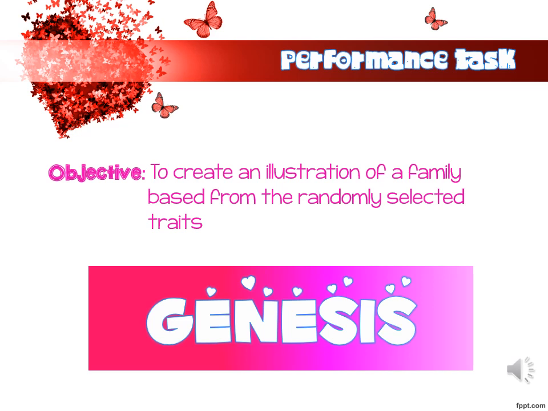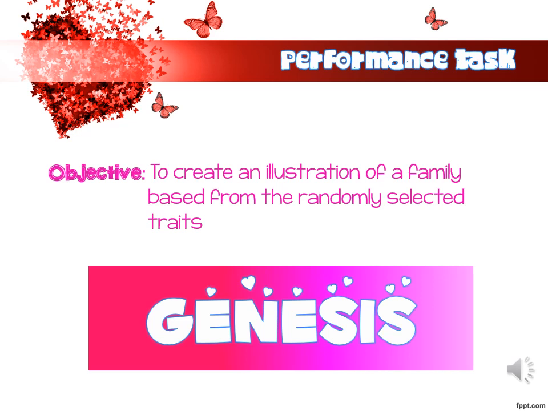This family is not going to be definitely human or any species that we can find on Earth, but it's going to be you who will be creating the organism. That is why the title for your performance task is called Genesis.